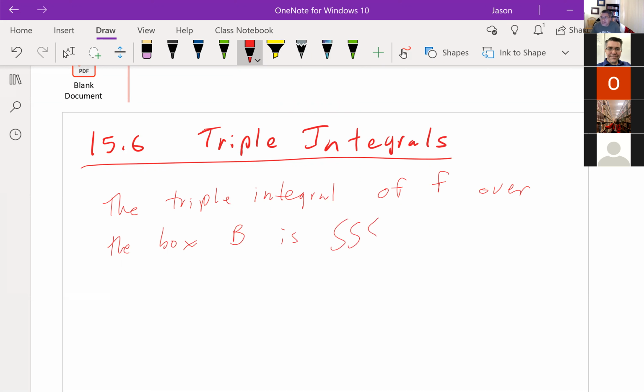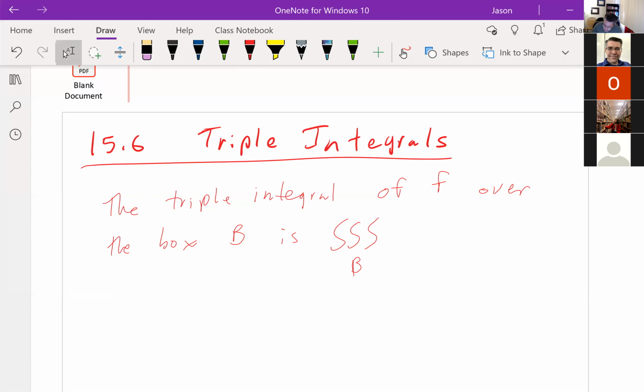So now our domain is no longer an area. Our domain is a box, a three-dimensional box. So instead of it being a rectangle R, it's going to be a box now, B for box.